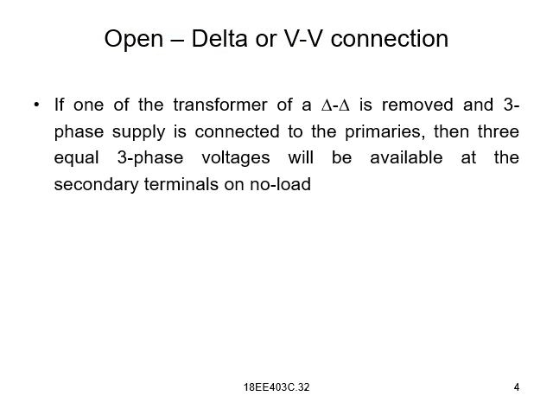So here you can see, if one of the transformers of a delta delta is removed and three-phase supply is connected to the primaries, then three equal three-phase voltages will be available at the secondary terminals on no load.